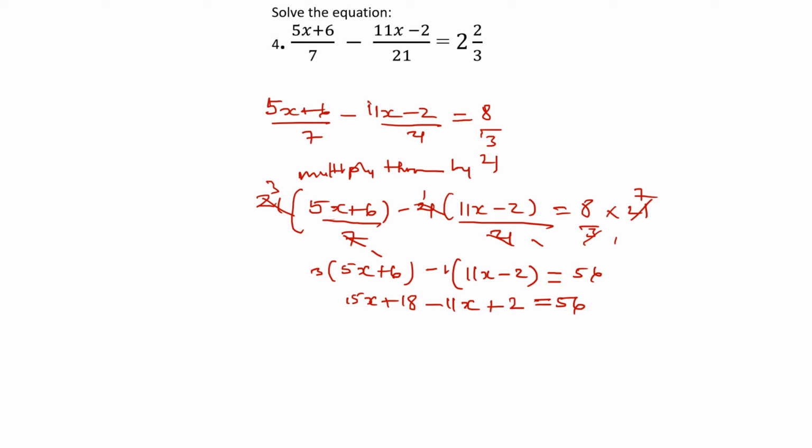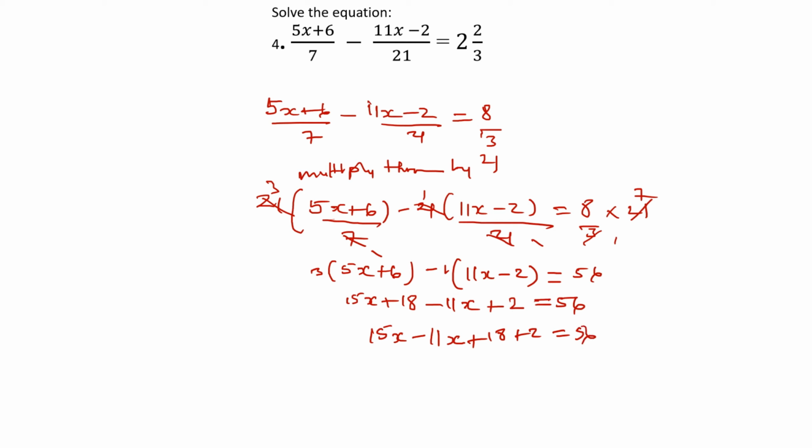Remember the sign before the 11 is negative, so we bring negative 11x over, and then we have plus 18 and plus 2, and 56.